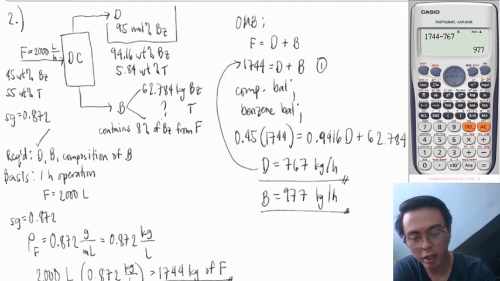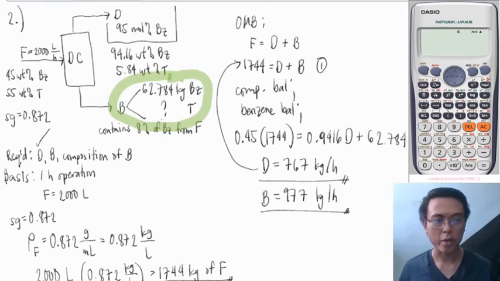If you go back here, by subtraction, that would be 977 minus 62.784, or let's just have it as 62.8 because we're using three significant figures. Your toluene is 914.2.